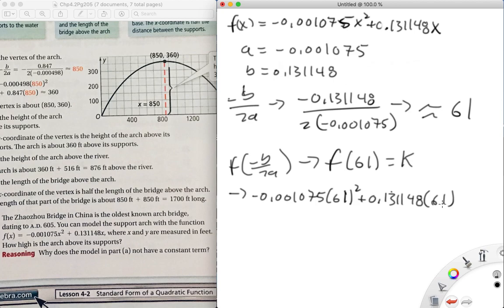I get about 4. So the height of the arc is about 4 feet.